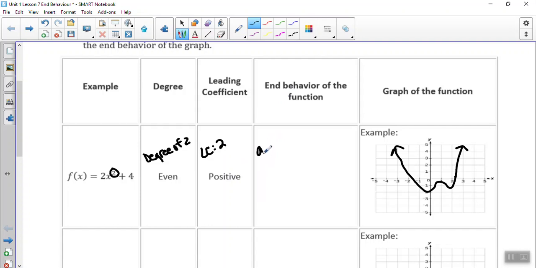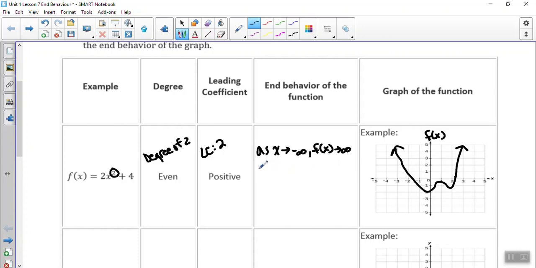We would say as x approaches negative infinity, so on the left side, f of x, or your y, remember this is your y-axis, and y we can write as f of x, it's the same thing. F of x approaches positive infinity because it's going up. You see all the numbers are going up to positive infinity.